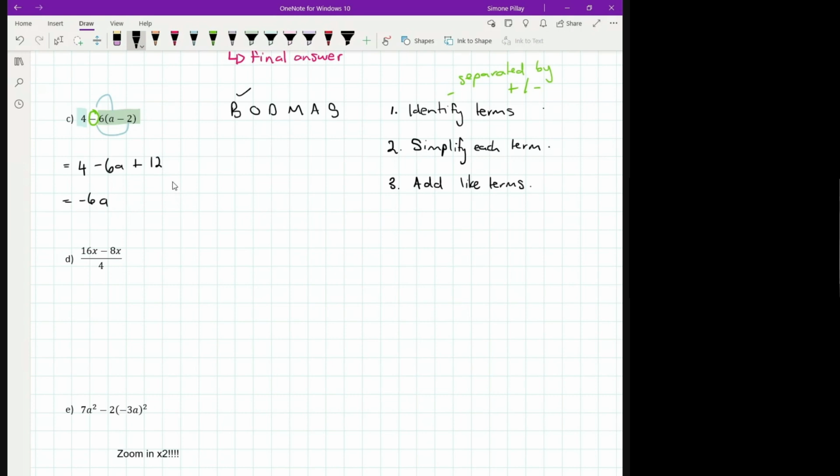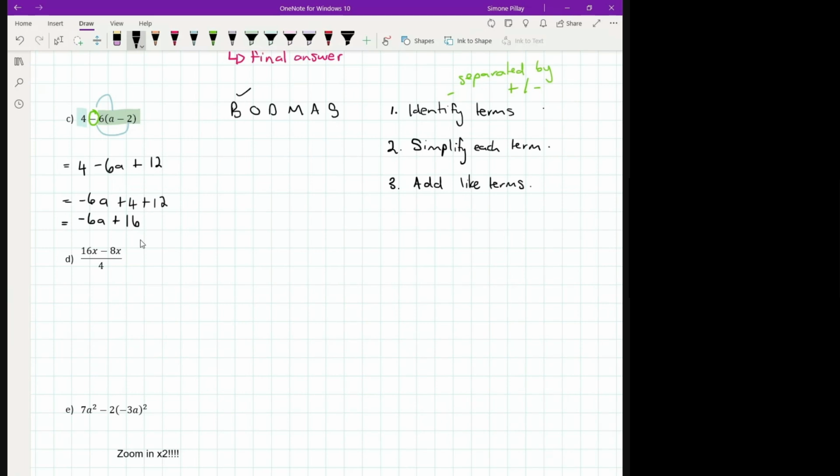If there's no sign, we always assume it's positive. Then we say plus 4 plus 12. And then our next step is going to be -6a plus 16. 100%. Thank you very much for that, Itandile.